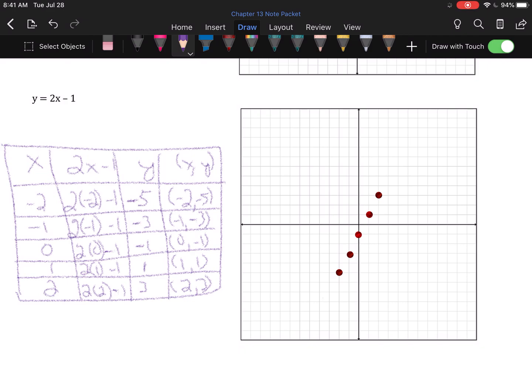Last thing we need to do, since we are graphing the equation, is connect our points with a straight line, and put arrows on both ends of it to show that we could keep doing this forever if we really wanted to.